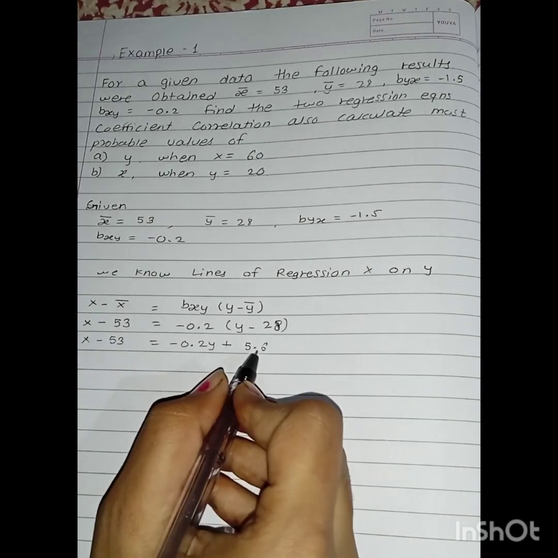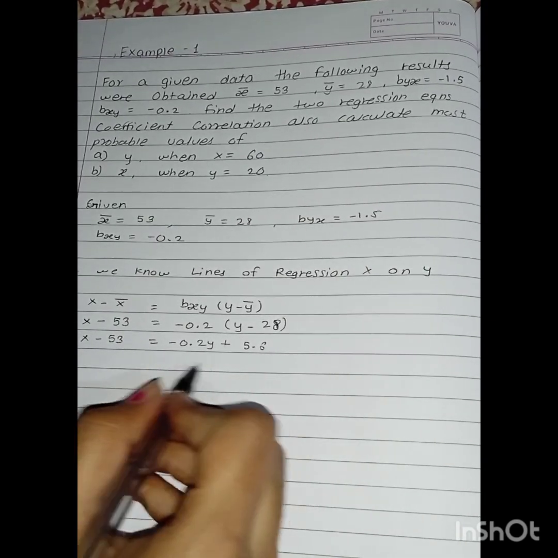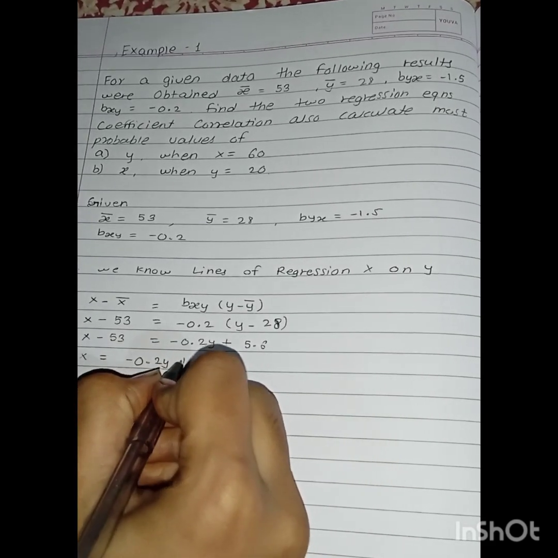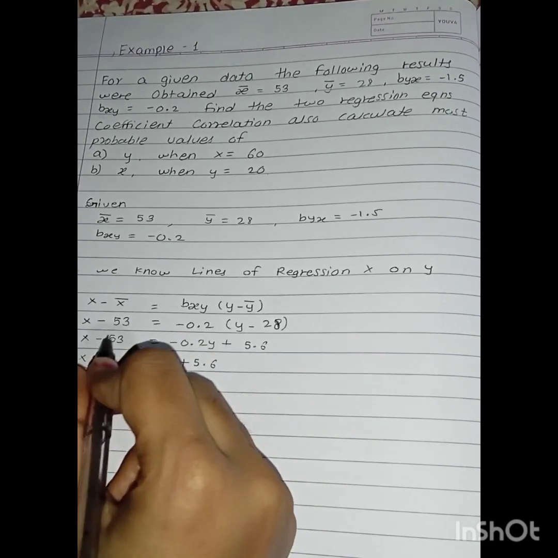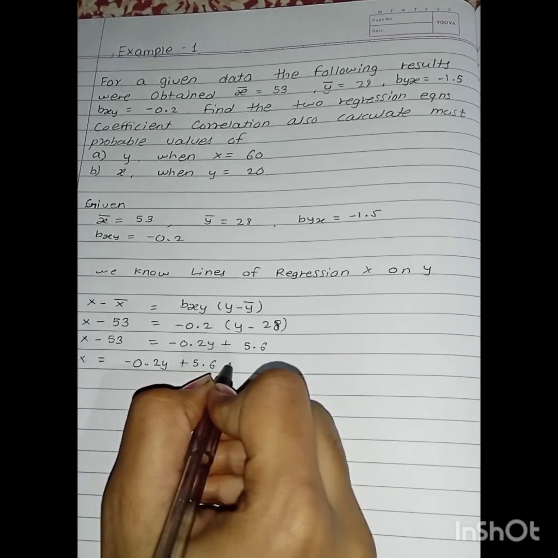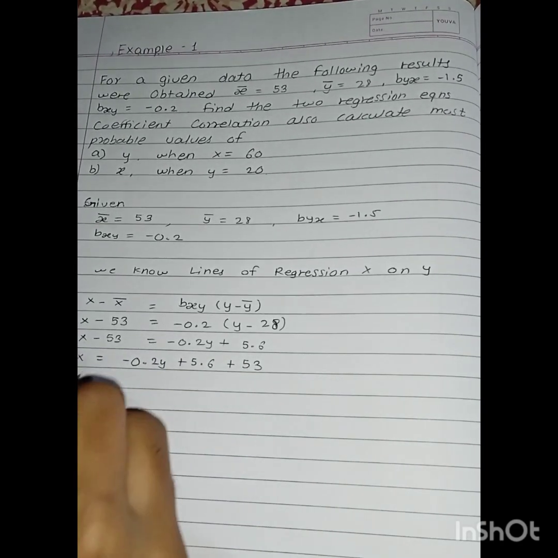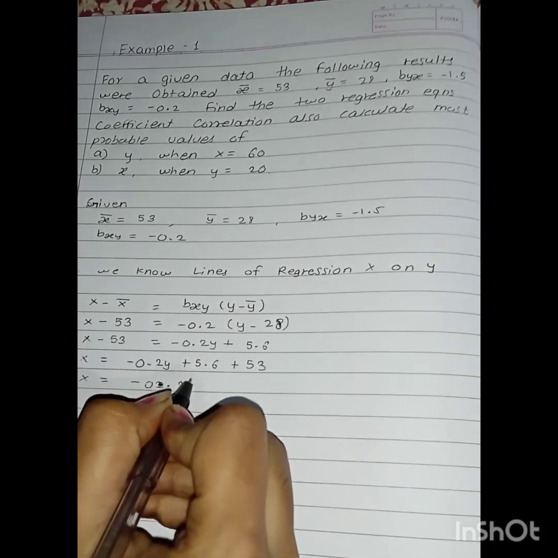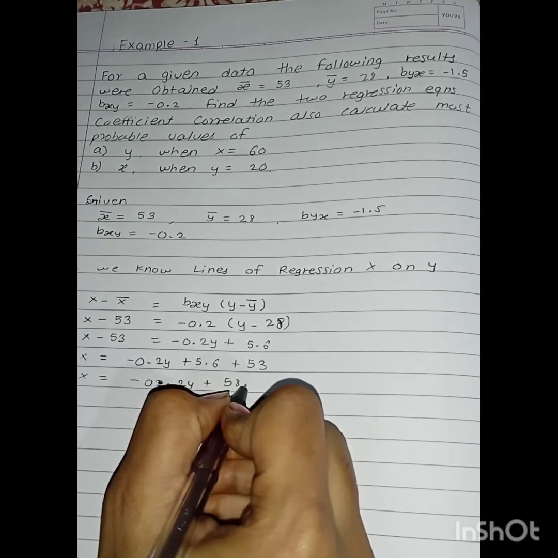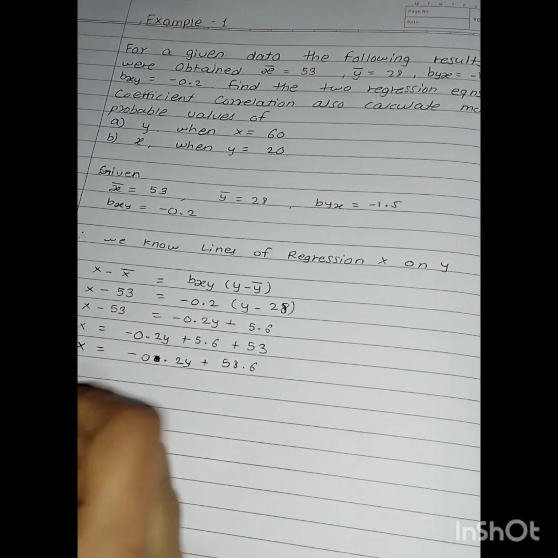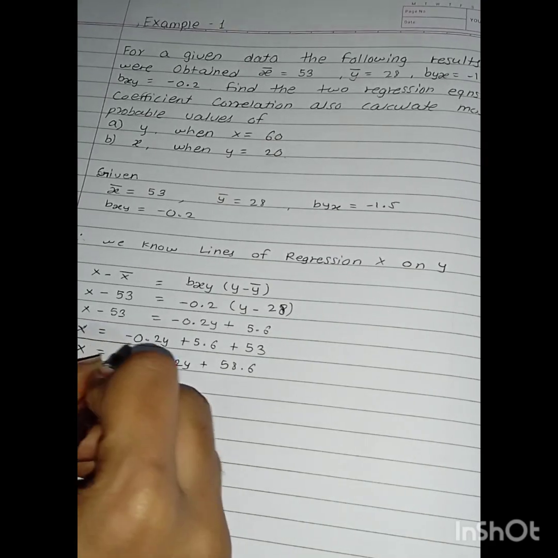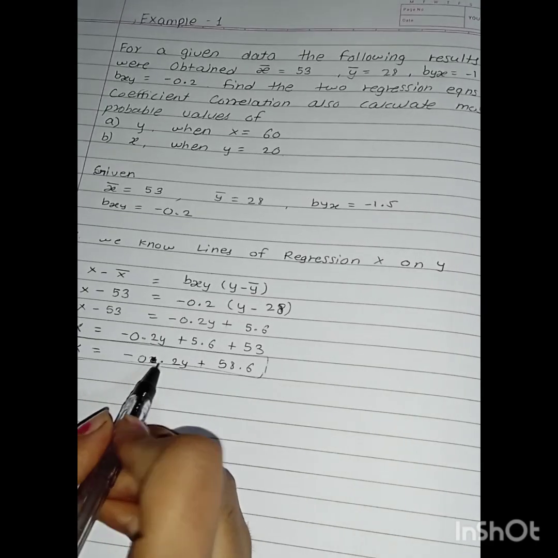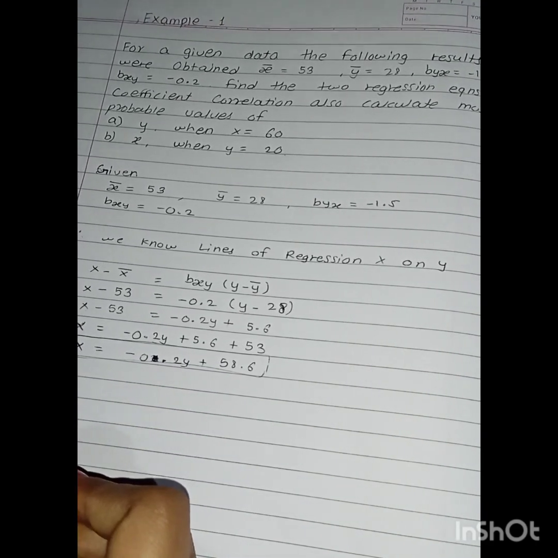Then we shift this minus 53 to the right hand side, therefore x equals minus 0.2y plus 5.6 plus 53. So we get x equals minus 0.2y plus 58.6. So here we calculated the regression of x on y, that is x equals minus 0.2y plus 58.6.